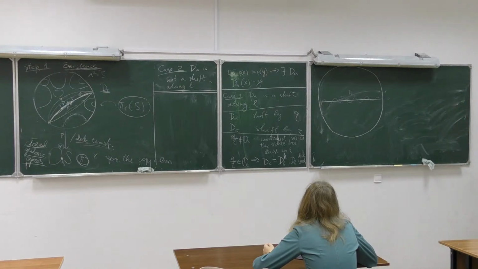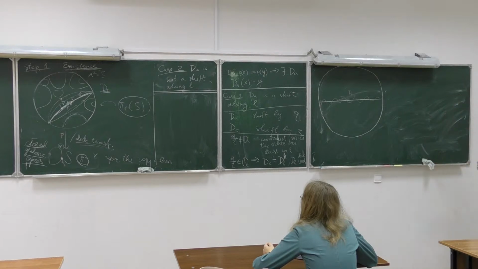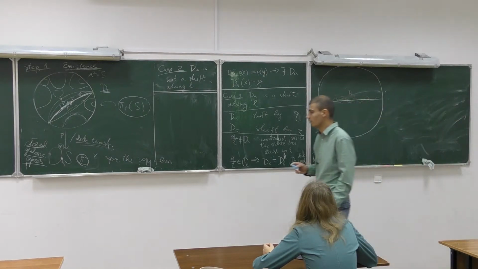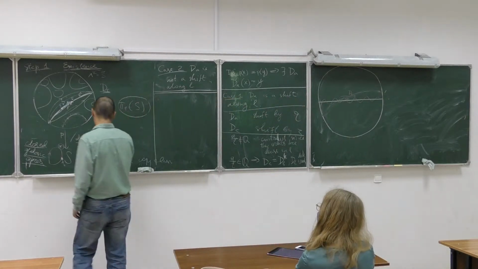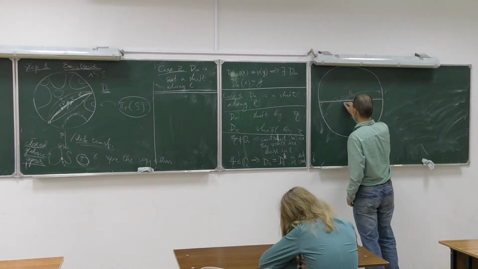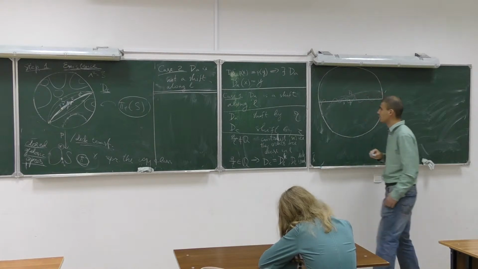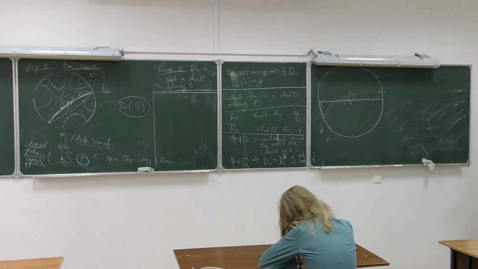Now on gamma we have 2 points, this x and this y, which are taken to each other by some other shift.